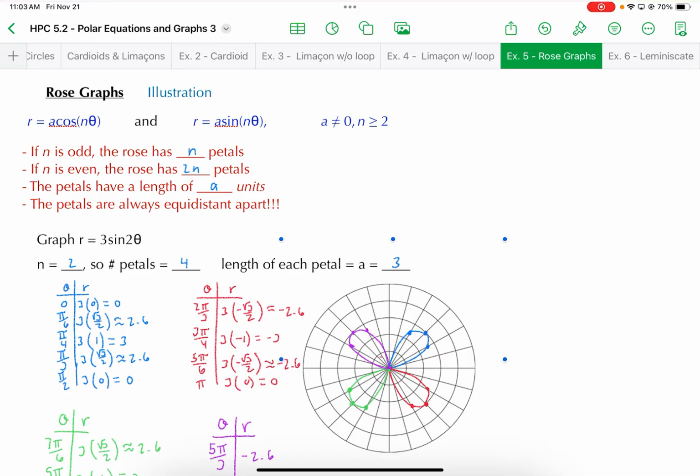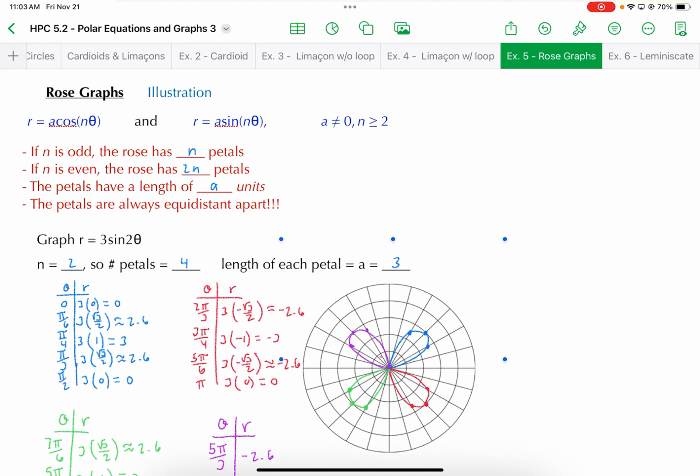So 2 pi divided by 4 is pi over 2. So that means to get from this point to here, I have to rotate pi over 2, or 90 degrees, right? So if it was 5 petals, wherever that first petal's furthest point is, just take 360 or 2 pi divided by 5, and that tells you how much to rotate to get to the next one.